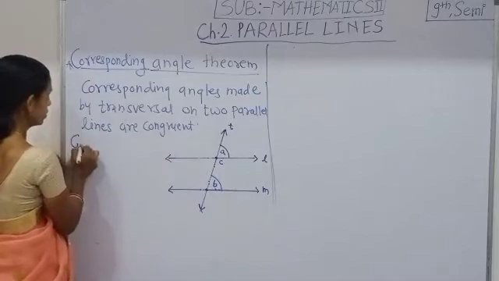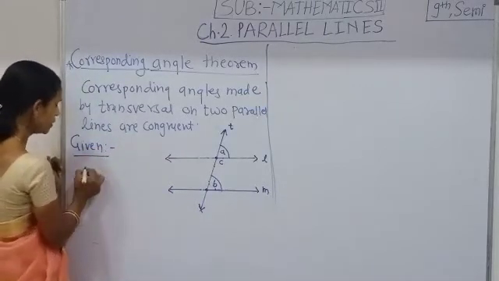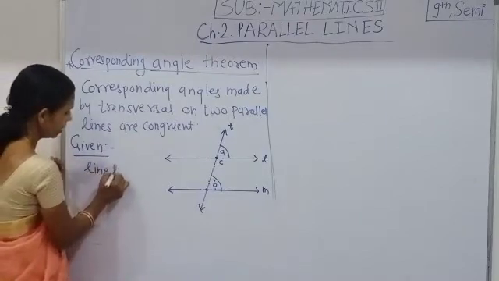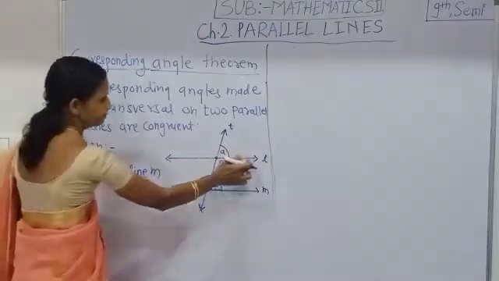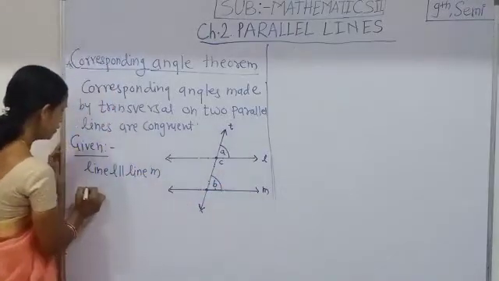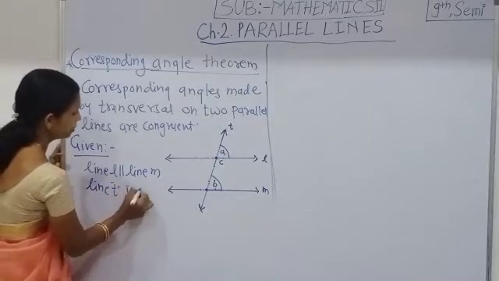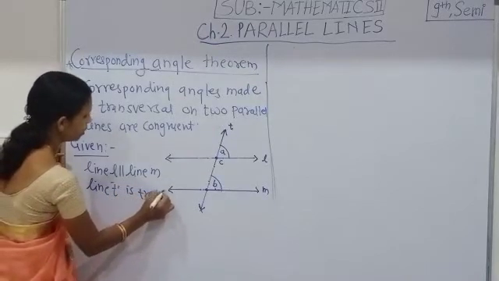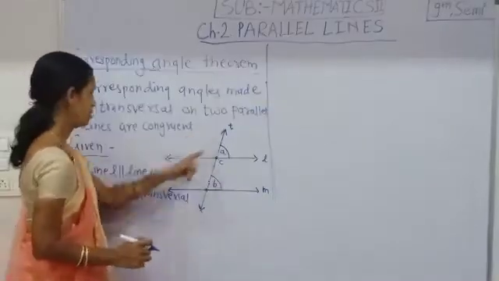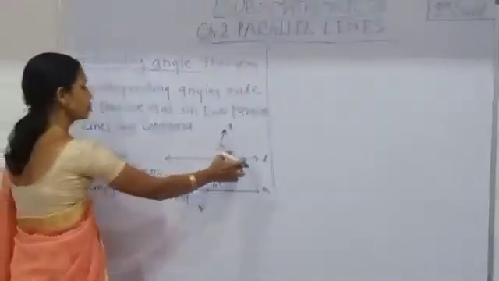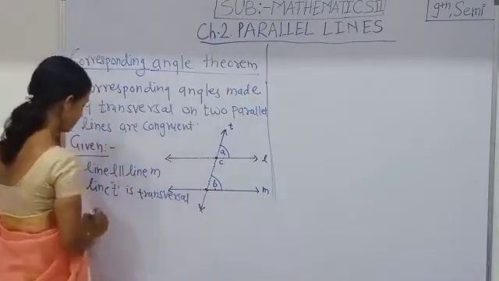Here we have to write the given, that is line L parallel to line M and line T is a transversal. T is a transversal which intersects line L and line M at two distinct points.